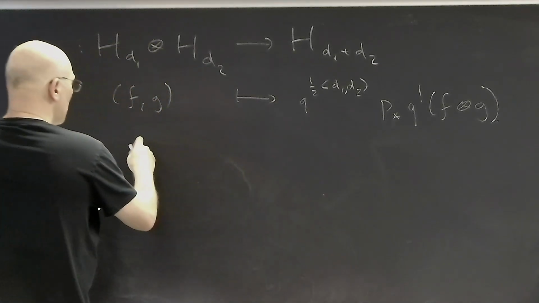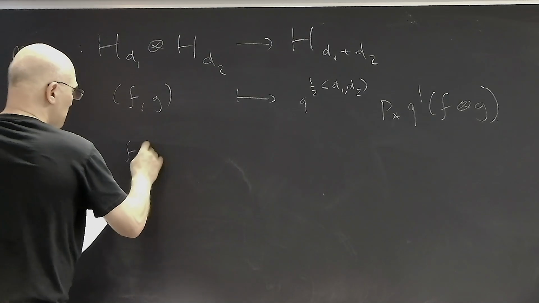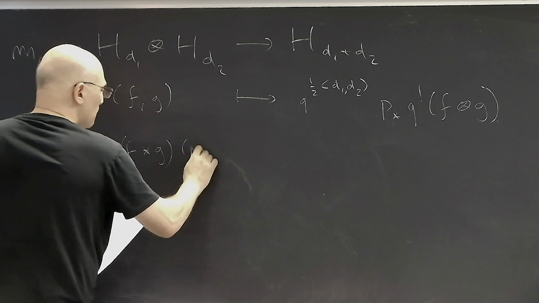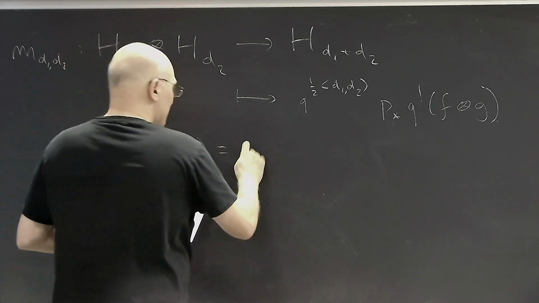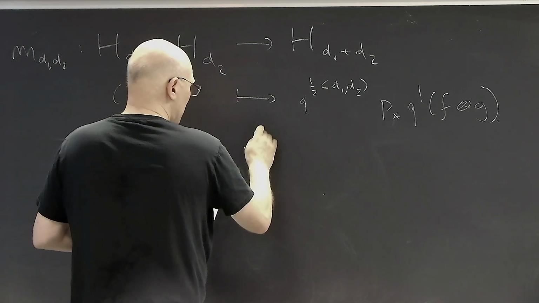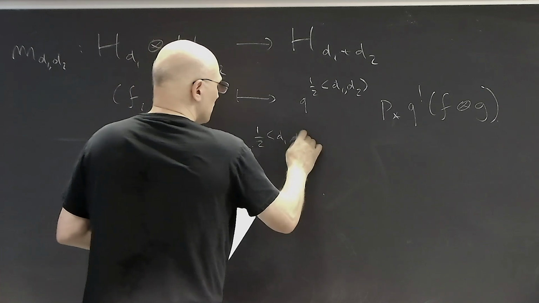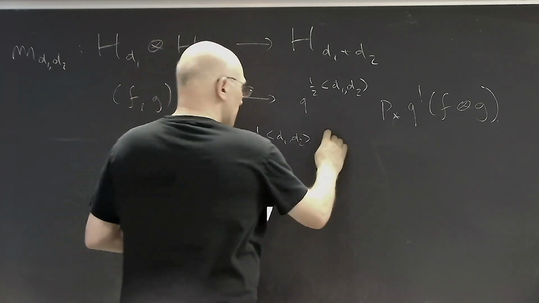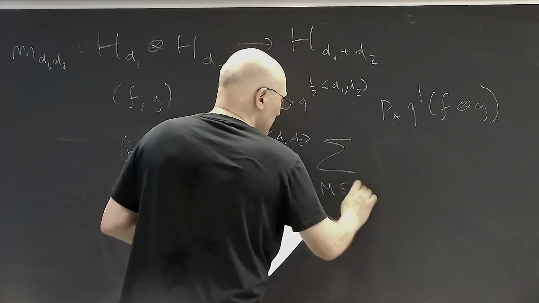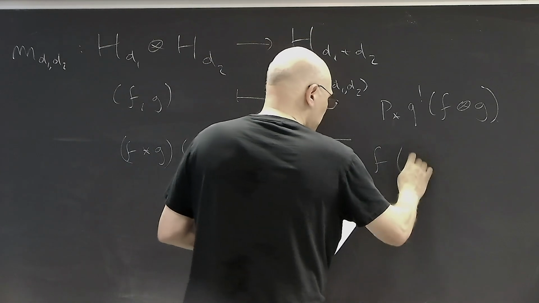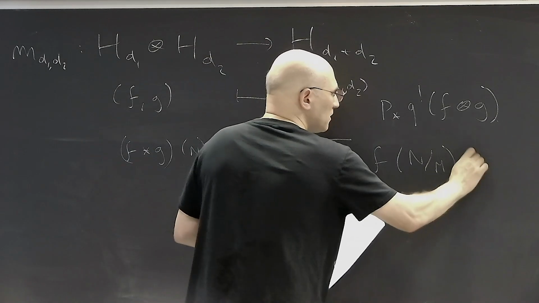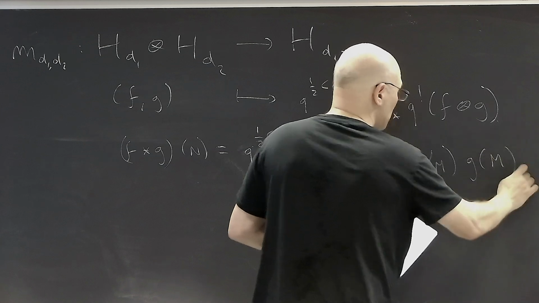It means that F times G of N is, okay, this twist, and it's just the sum for all sub-objects M of N of F of N divided by M times G of M. Okay?